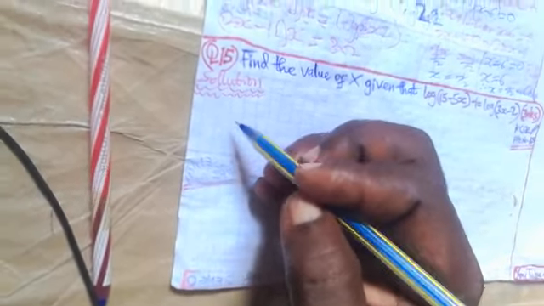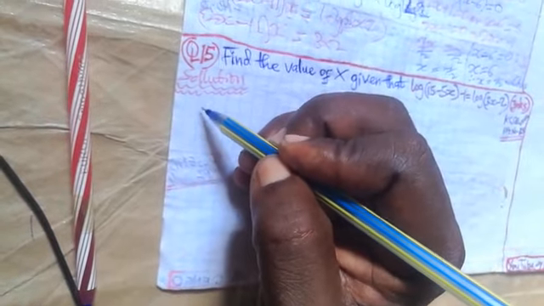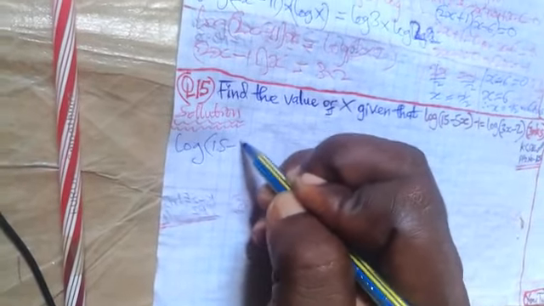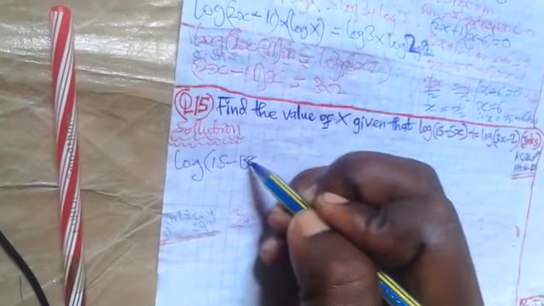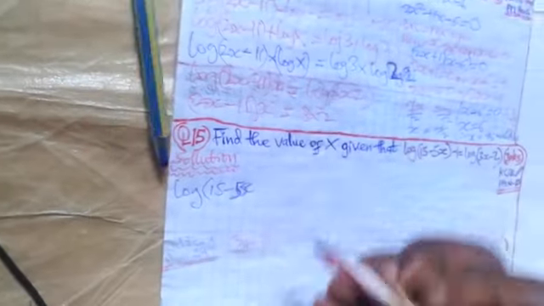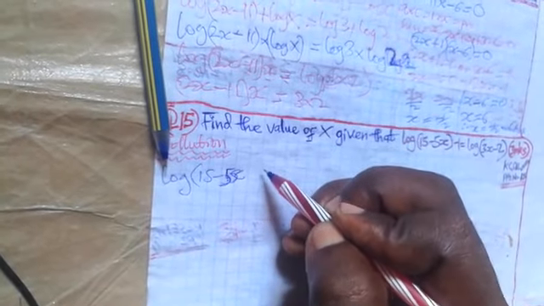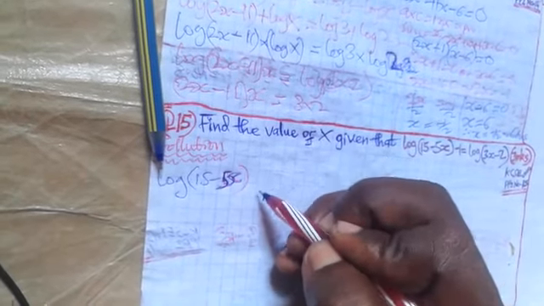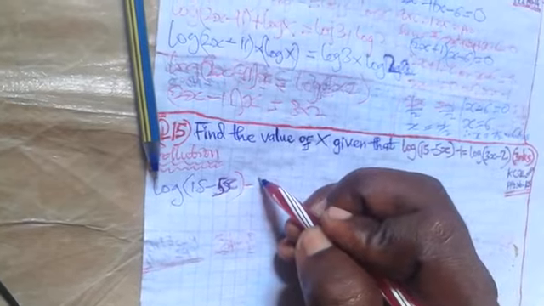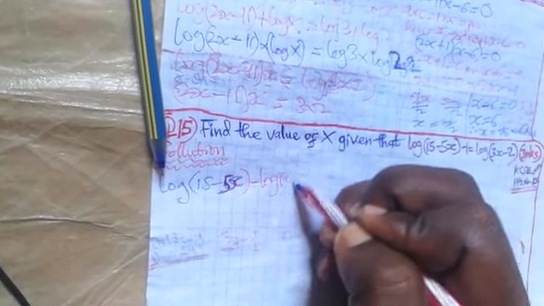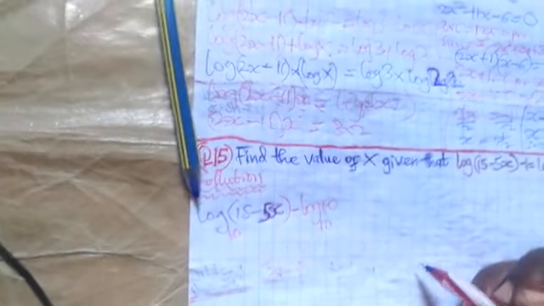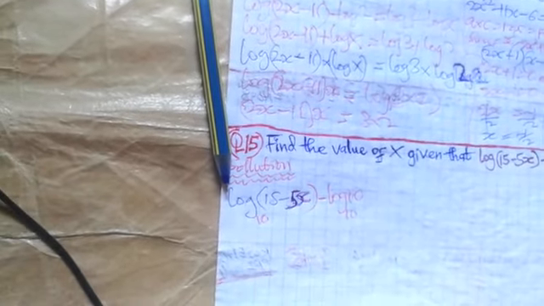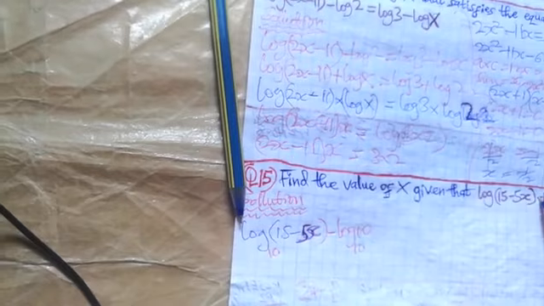Here we know that this can be written as log of 15 minus 5x minus log 10 base 10, since 1 is equivalent to log 10 base 10, as if we consider 1, not the negative.